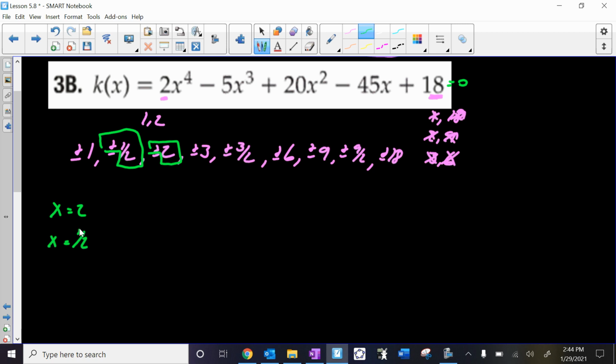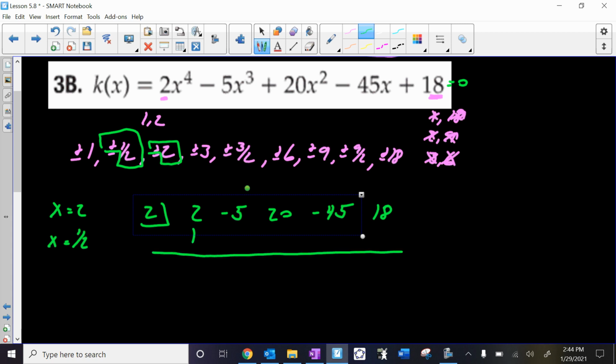And now we've got to come up with the other 2 zeros. And again, we're going to do this by synthetic division. So I'm going to start with 2. You can start with either one. Put 2 in the box and write down all my coefficients from our polynomial: 2, negative 5, 20, negative 45, and 18. And here we go. 2, drop it down. 2 times 2 is going to get us 4.